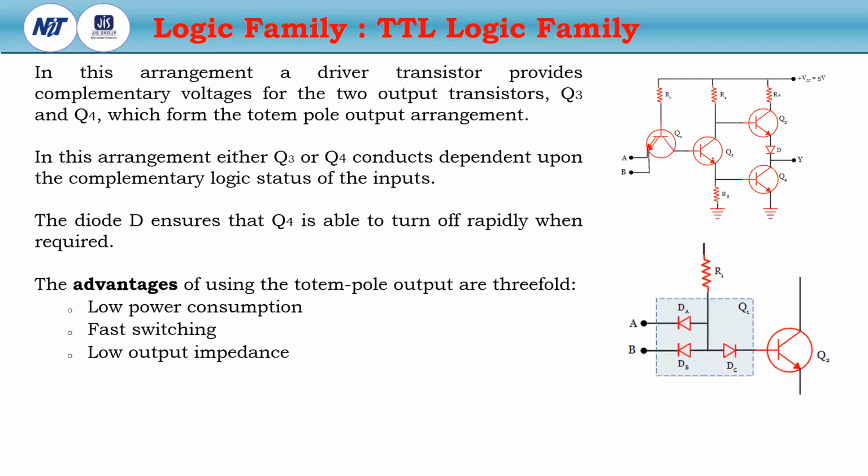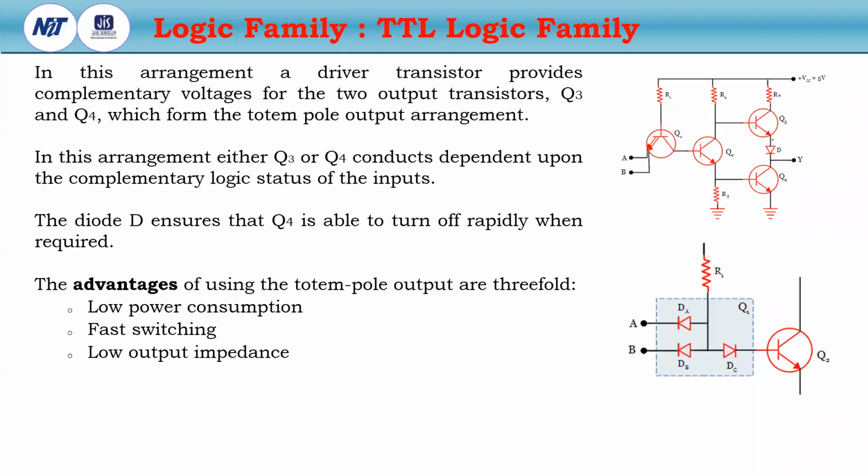This is the driver transistor Q2. It provides the complementary voltage for the 2 output transistors Q3 and Q4. Either Q3 or Q4 conducts depending upon the complementary logic status of the input.